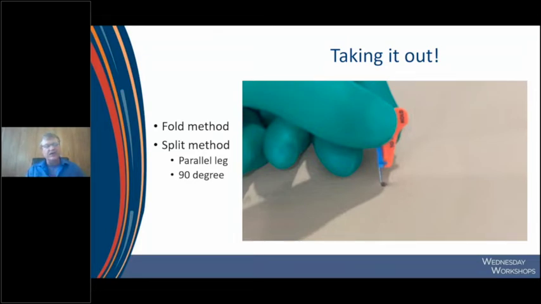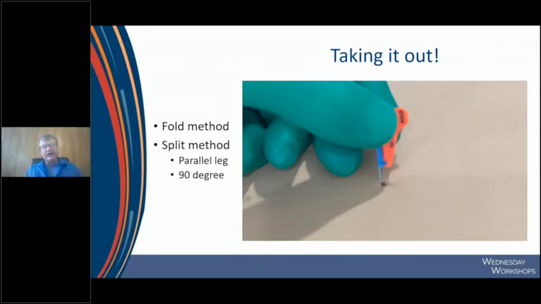So what you're going to do on the second method, the split method, is take the catheter out. You're going to cut right down the center of that with a pair of scissors. It's going to come apart. There's going to be two pieces, and you can take each piece out by making the leg parallel to the skin and doing just like you saw before with the fold method: lay the leg down, pull traction across the insertion site, and back the feet out the exit site.